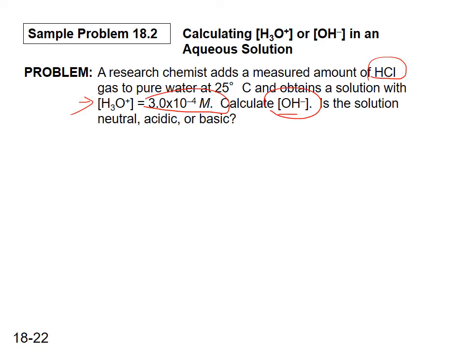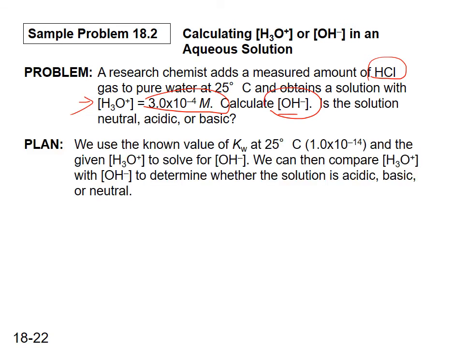Okay, so to do that, first we look at knowns and unknowns. The known is we have the hydronium ion concentration here. We also note Kw. Don't forget the ion product constant. All right. So we know the important equation is hydronium ion concentration multiplied by hydroxide concentration equals Kw.